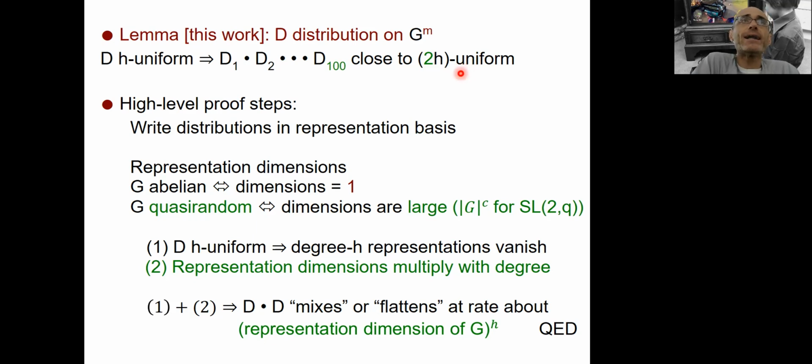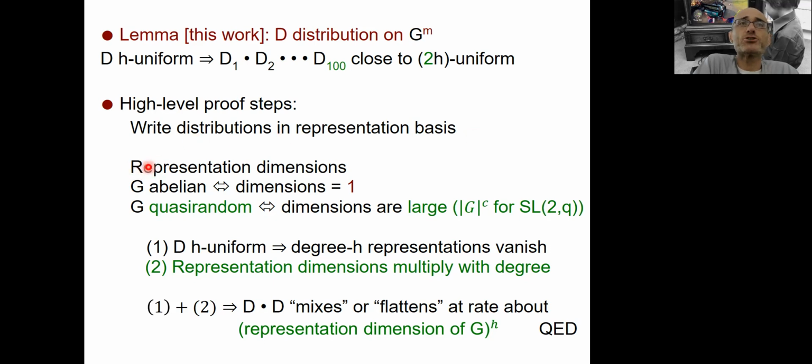And here are the high-level proof steps. So we're going to write the distribution in representation basis. This is somewhat similar in spirit to the standard Fourier analysis for abelian groups, but now instead of unidimensional, you have higher dimensional matrices.